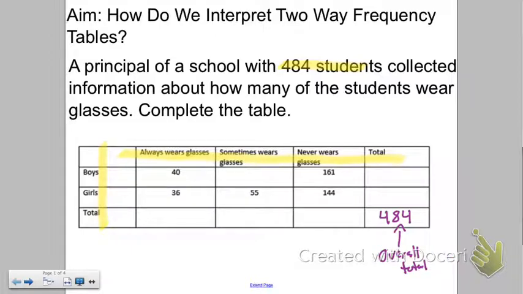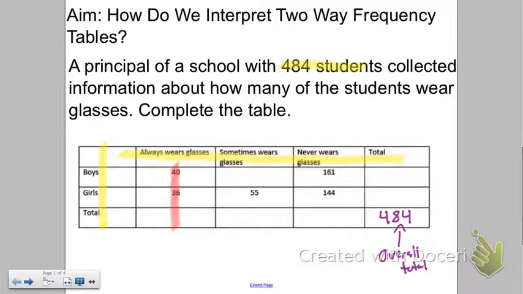Now the way to complete the table, you just have to look to see where you are missing only one piece of information. If I look and notice here, for students who always wear glasses, I have 40 boys and 36 girls.